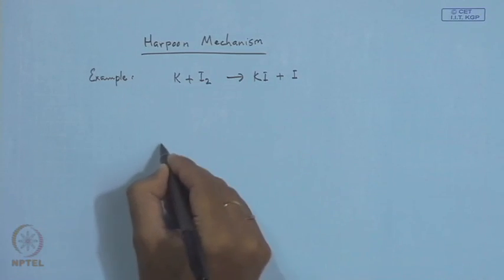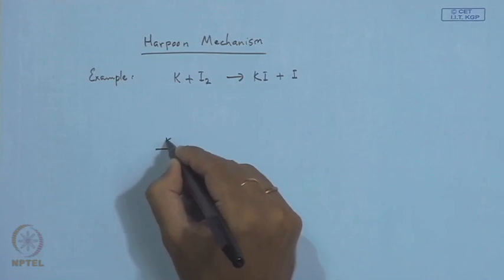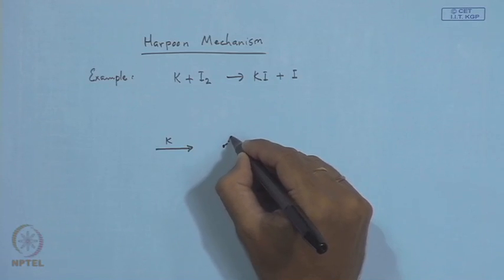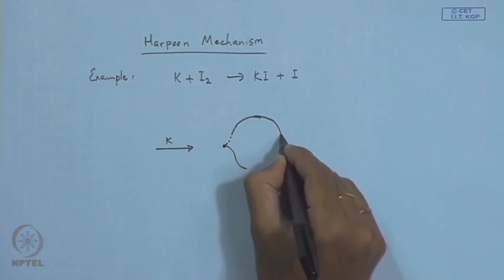Okay. So, this is your K, this is your center of mass, something like this contour.